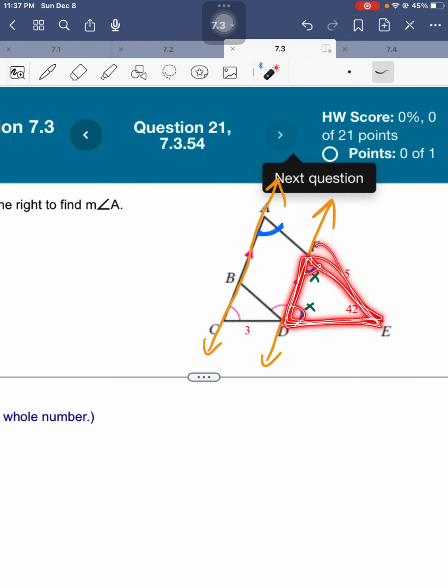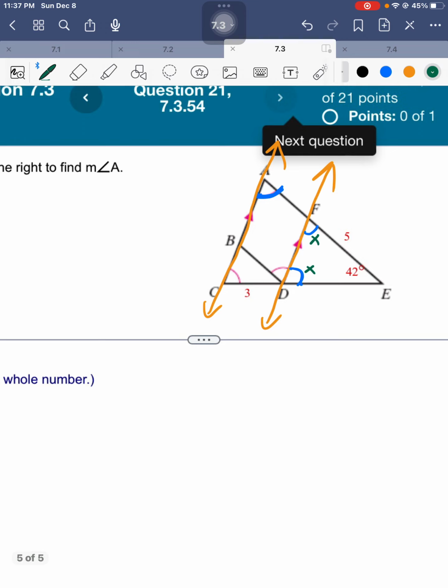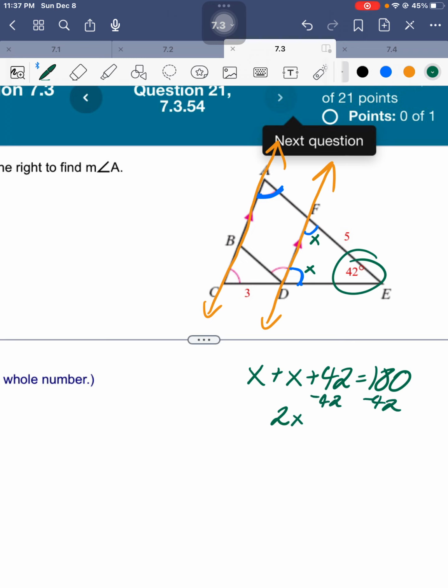If I take a look at this triangle right here, what type of triangle is this? Isosceles. It's like what we did before. So now I'm going to use the triangle angle sum theorem. So what is X plus X plus 42 equals 180? 2x equals 180 minus 42, which is 138.